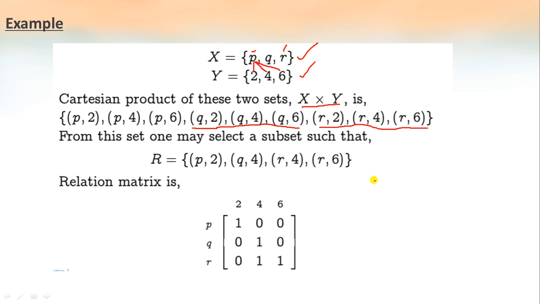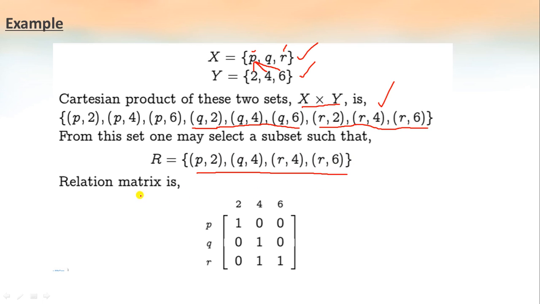A relation is any subset of this Cartesian product. For example, let us consider that this is a particular relation that we have chosen from the above given Cartesian product. So we have taken (p, 2), (q, 4), (r, 4) and (r, 6).